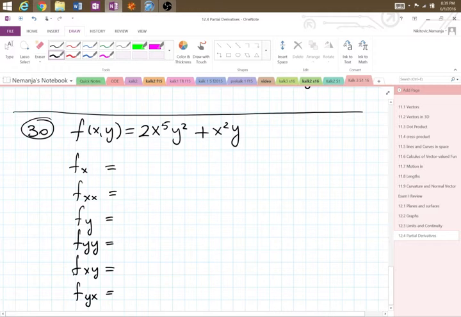xx is the second derivative. Very good. So you find the first derivative and then you find the second derivative off of the first one. No primes. Either the squiggly piece or the lower subscript.